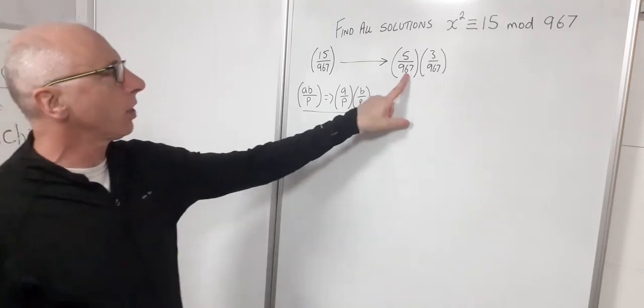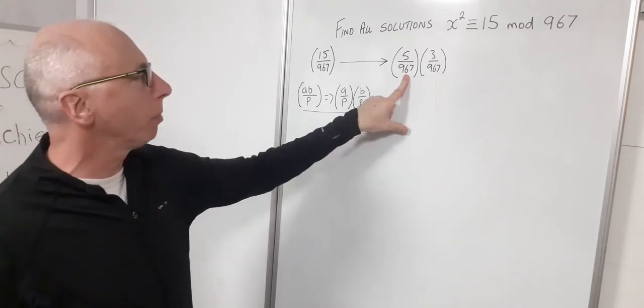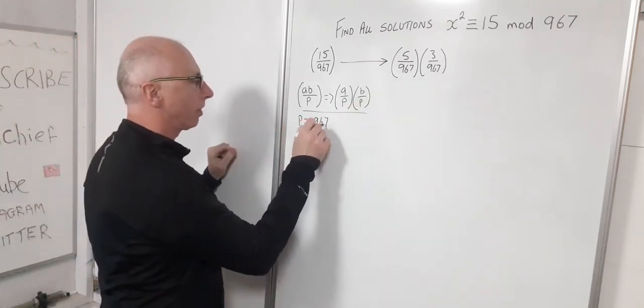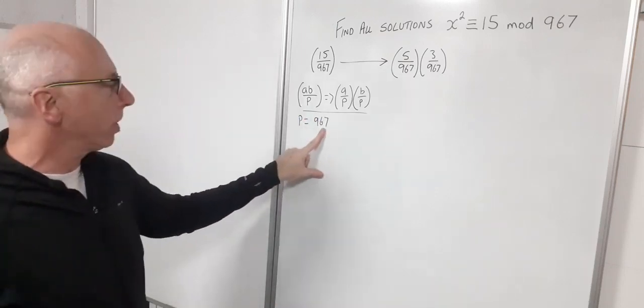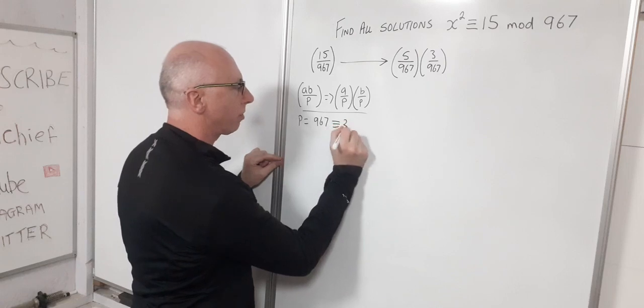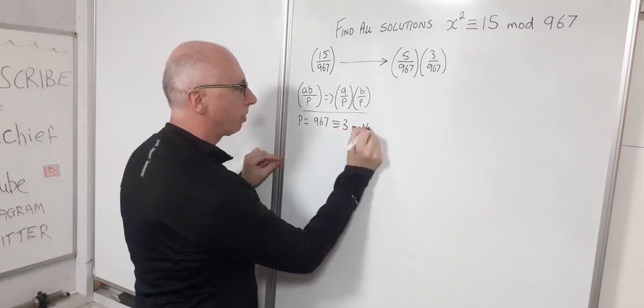First of all, let's look at the prime number here. The prime number is 967, so p equals 967. Now 967 is congruent with 3 modulo 4.